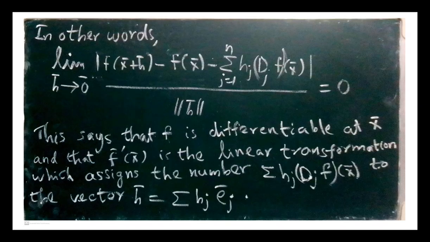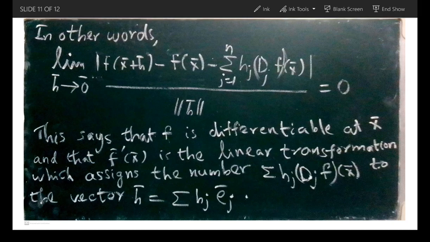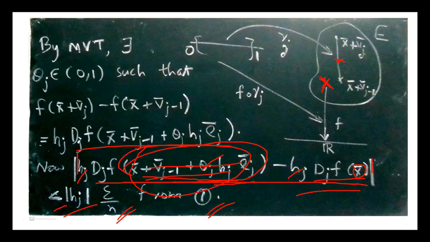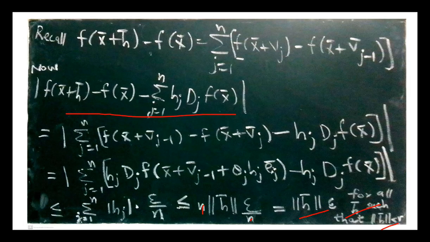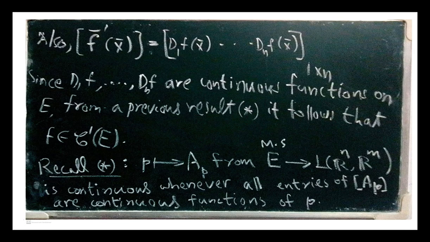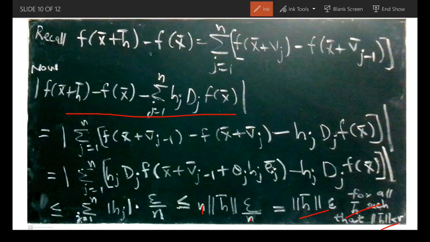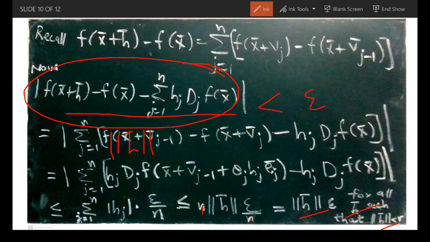So in other words, whenever norm h is less than r, I have this expression divided by norm of h is less than epsilon whenever norm h is less than r.